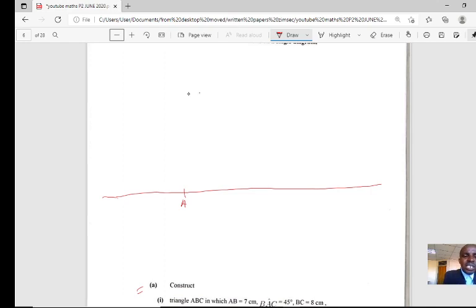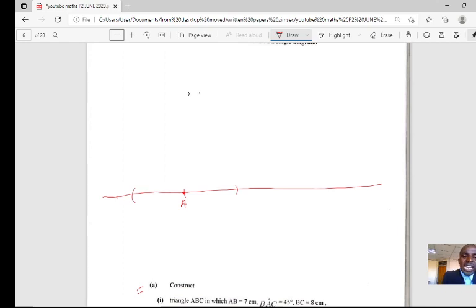Using your compass with that sharp point, you come at A, you put your sharp point at A, here, then you open up your radius, then with your pencil, you mark on the line. So you can mark, for example, this part and this part, with your compass. So you mark on both sides of A on the line. So in this case, it's like you have marked a line, then you bisect that line. That's how you construct an angle of 90 degrees.